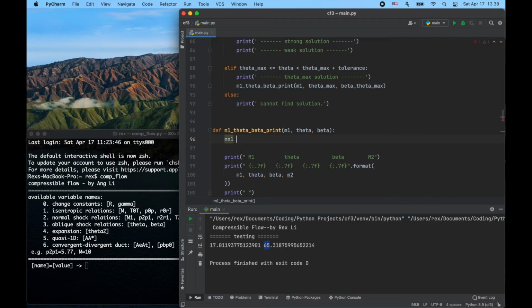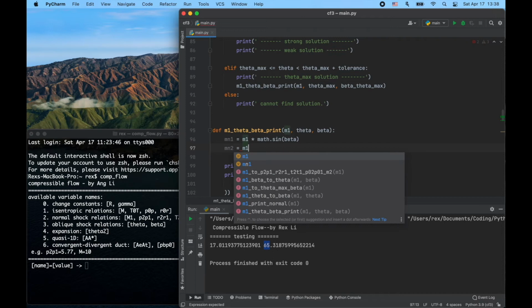To find it, Mn1 is going to be M1 times math.sin beta. And Mn2 is found by the normal shock relation.